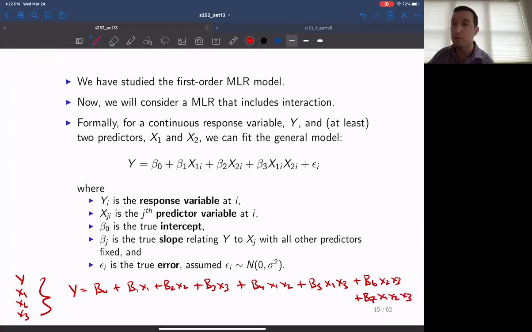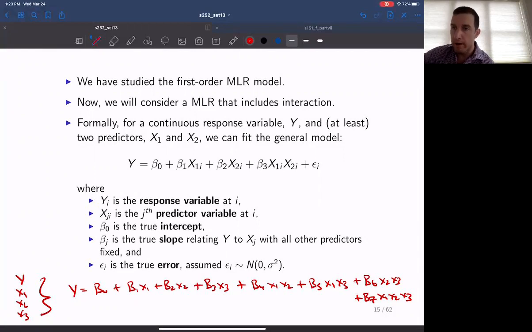So you now have a three-way interaction. The point I'm trying to make is that while this is possible, as you add additional explanatory variables into the system and consider higher order interactions, you end up considering a lot of different terms in the model.